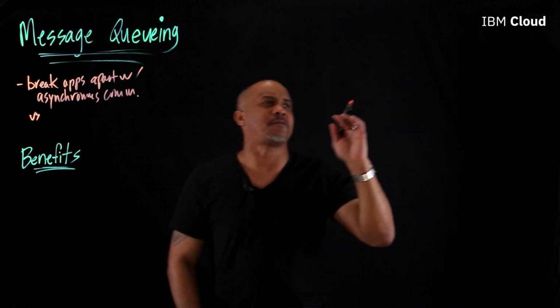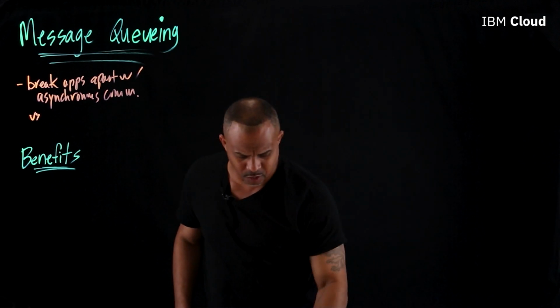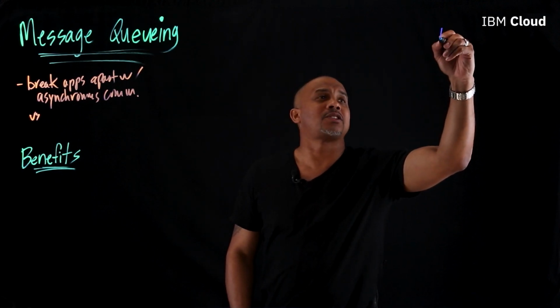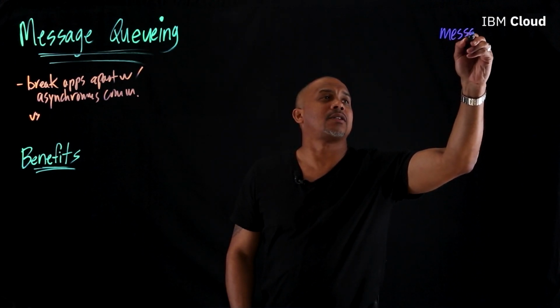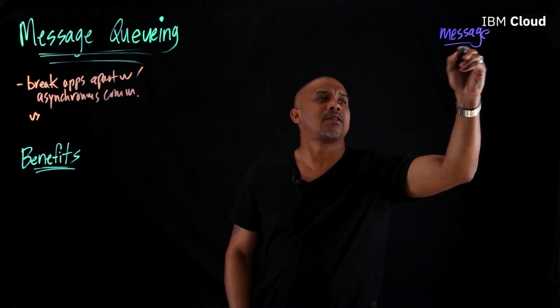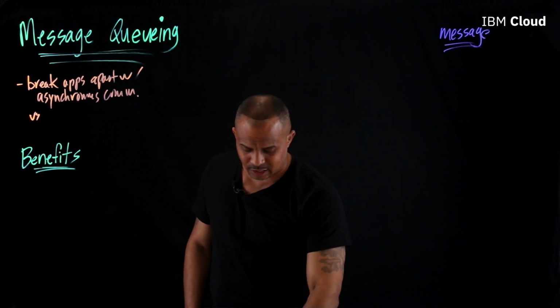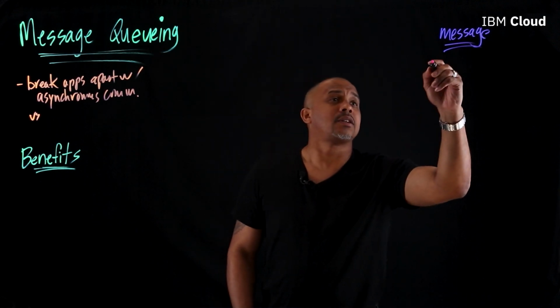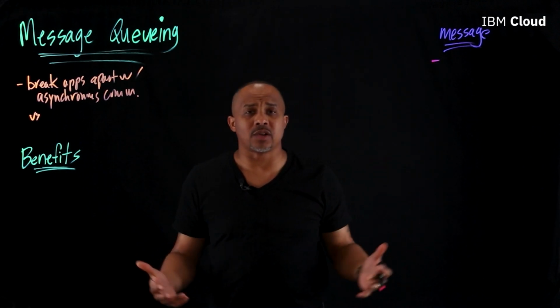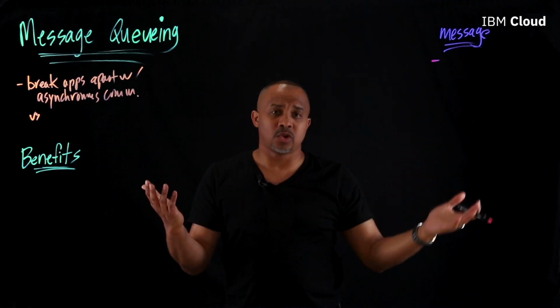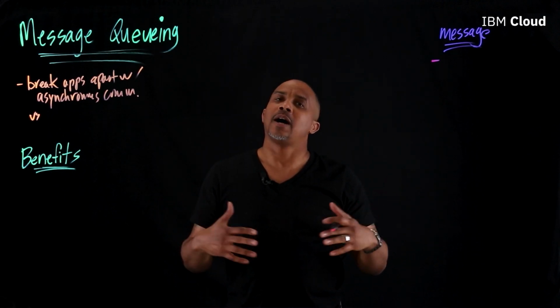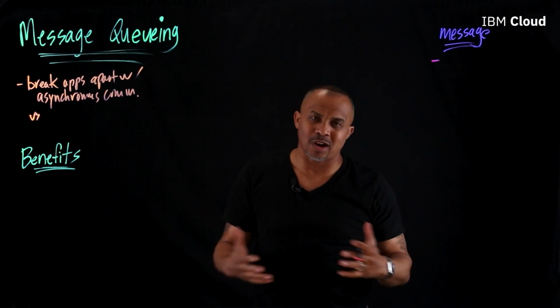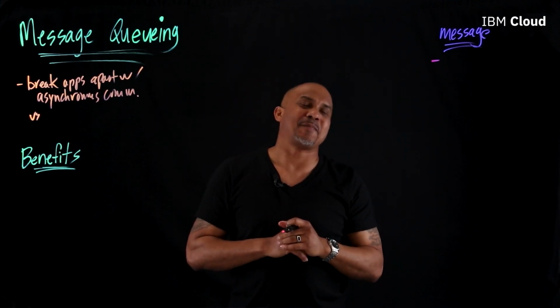But let's break down the first part here. First, let's deal with the word message. As it denotes, it is a piece of information that wants to get processed from one system to another. An application, we'll just say subsystem from here. That's what I'll denote it by.